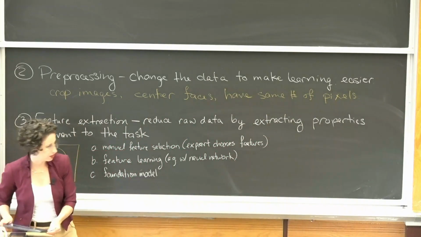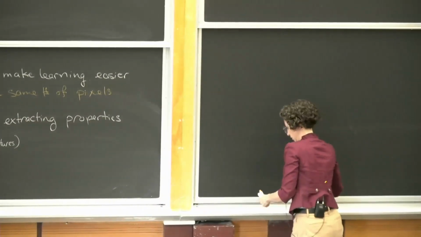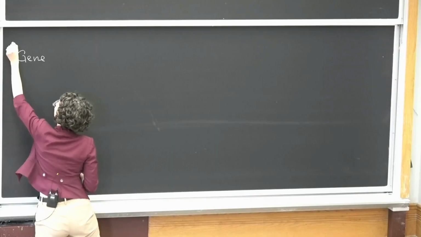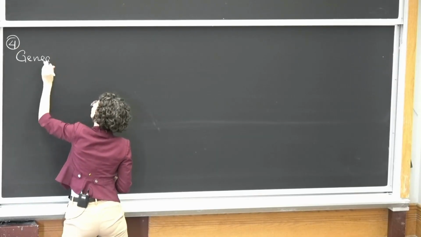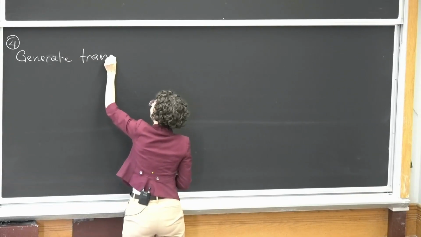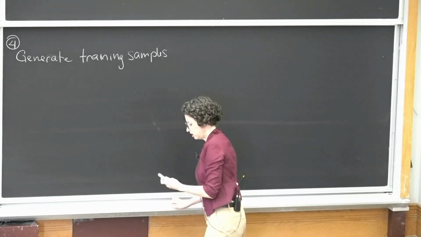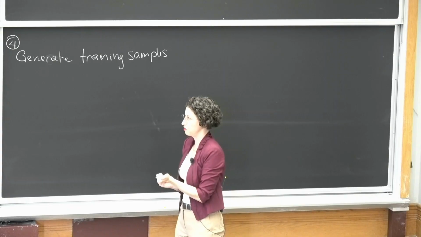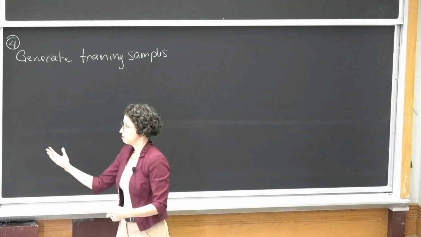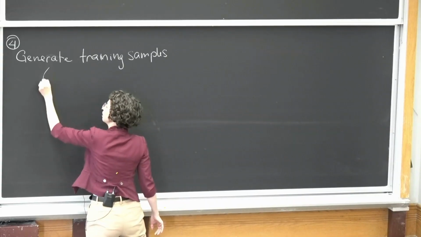Okay, so the next element is to generate training samples. Oh, and this is number 4. So we've collected all of these images. We've done our preprocessing, and we've done our feature extraction. And so now we are going to form training samples.